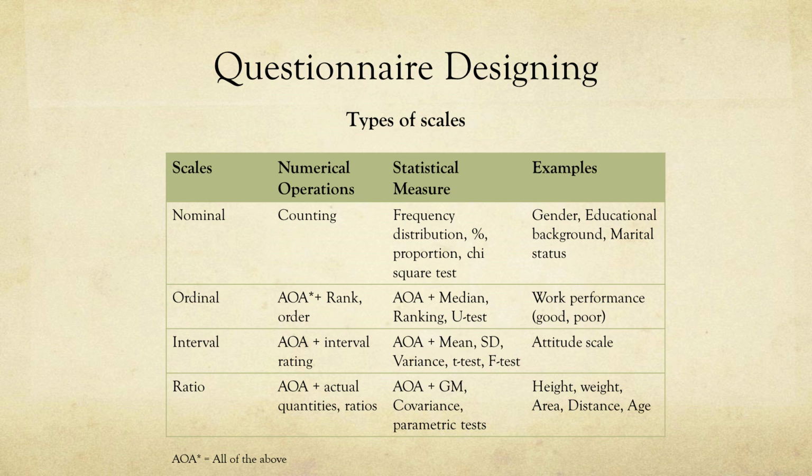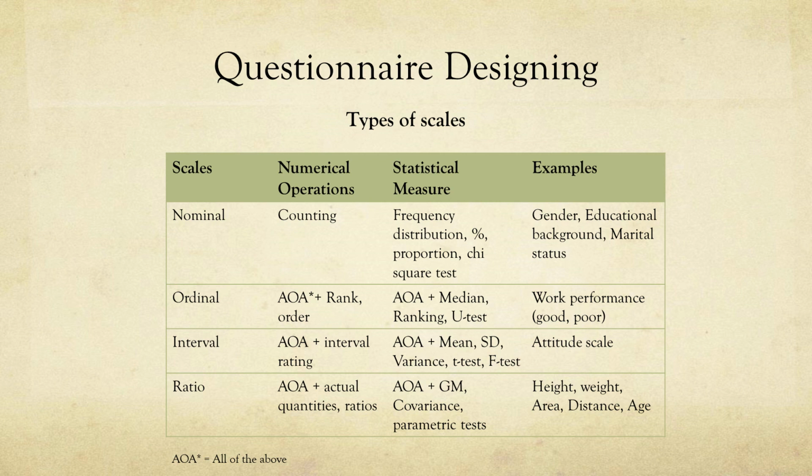Okay, now let's move on to the fourth type in this table given, that is the ratio scale. The ratio scale is the fourth level of measurement. Again, it is quantitative in nature, and this type of measurement allows you to capture the actual physical quantity in which you are measuring those characteristics.